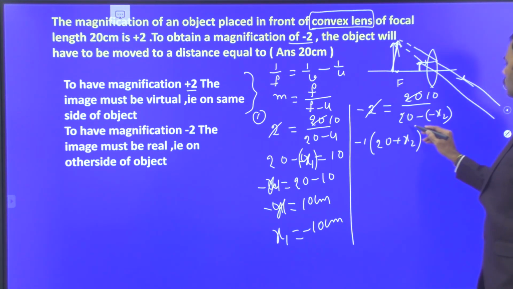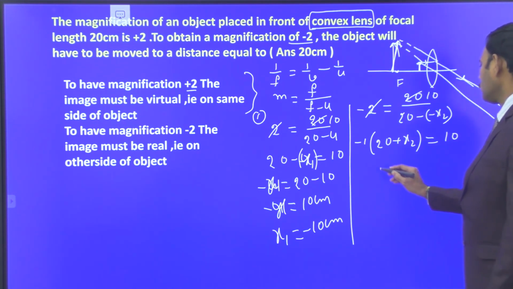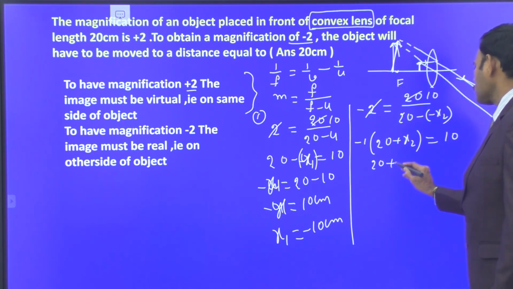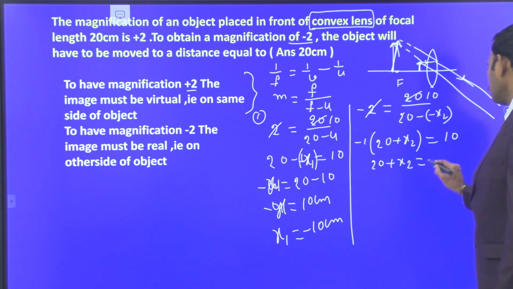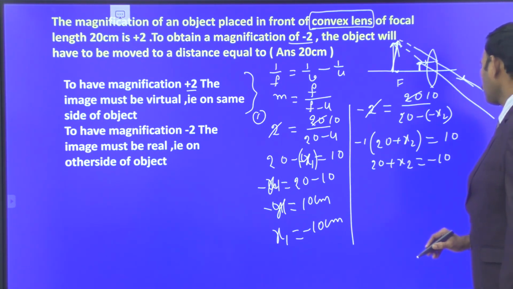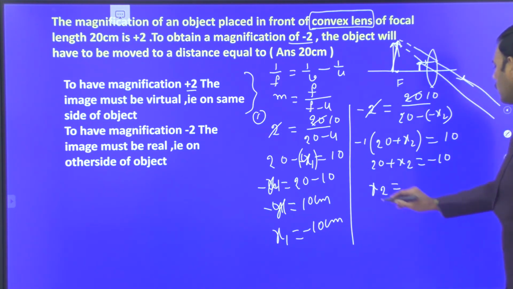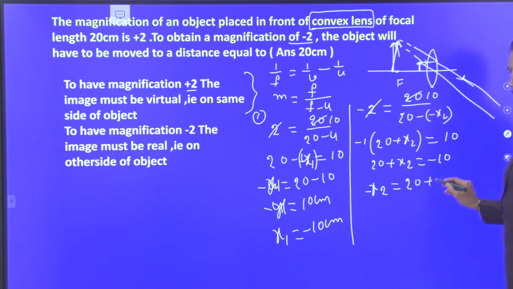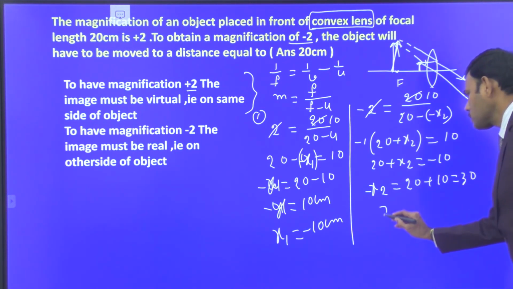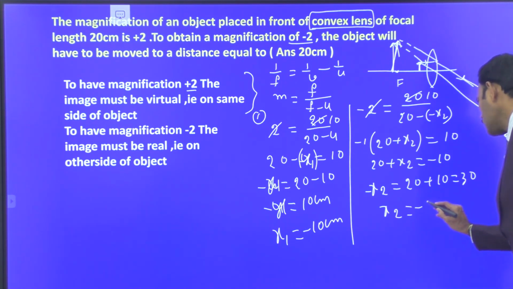Then -1 into (20 plus x2) is equal to 10. Therefore 20 plus x2 is equal to minus 10. Then minus x2 is equal to 20 plus 10, that is equal to 30. Therefore x2 is equal to minus 30 centimeters.